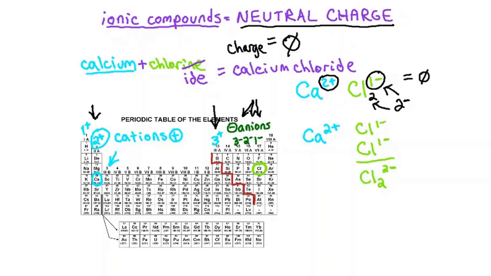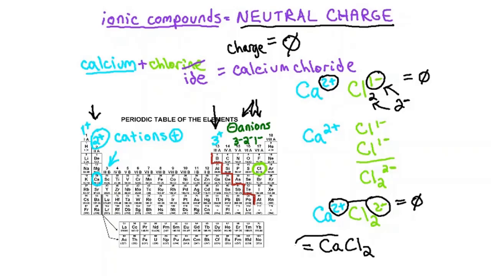So now we have calcium with a +2 and chlorine, and when you make that 2 atoms of chlorine, we get a -2 charge. So the +2 of the calcium and the -2 of the chlorine will equal 0. So we know that the answer to calcium chloride is going to be CaCl2. And that's going to be the ionic compound for calcium chloride.